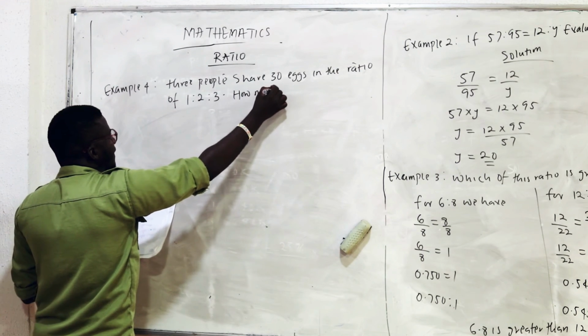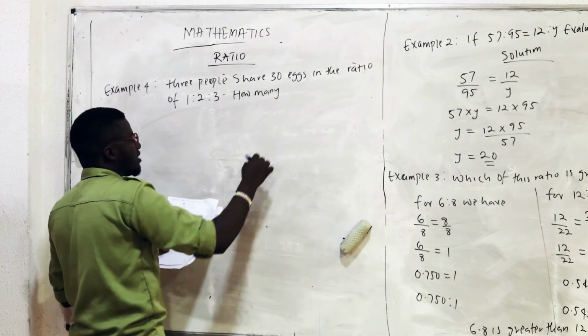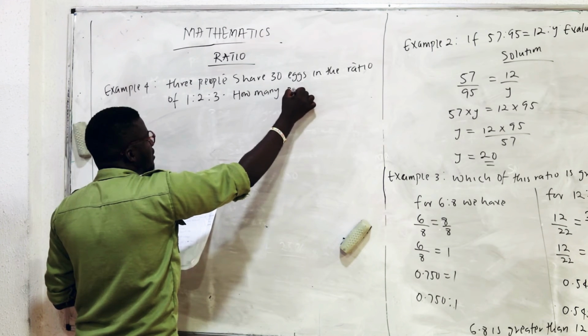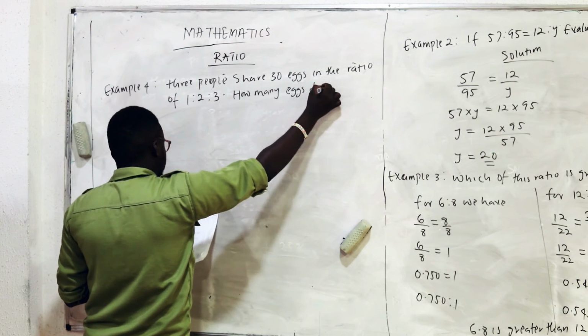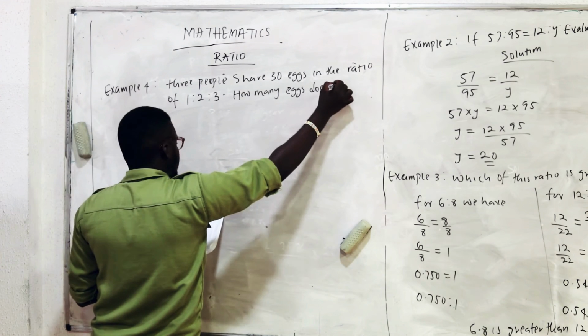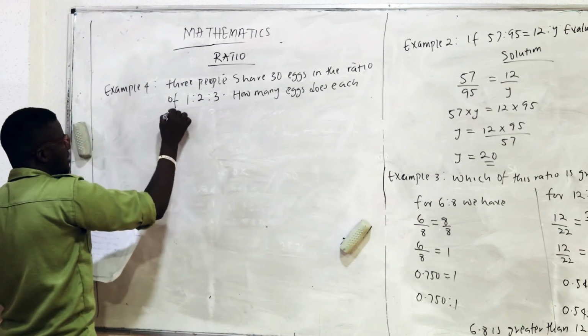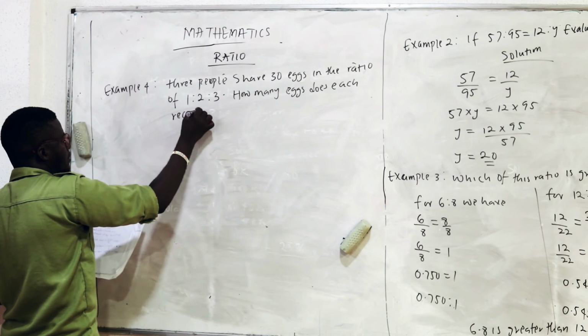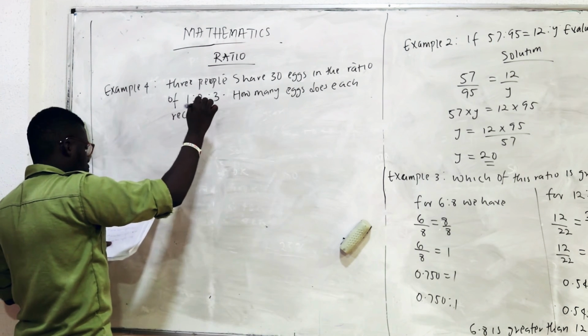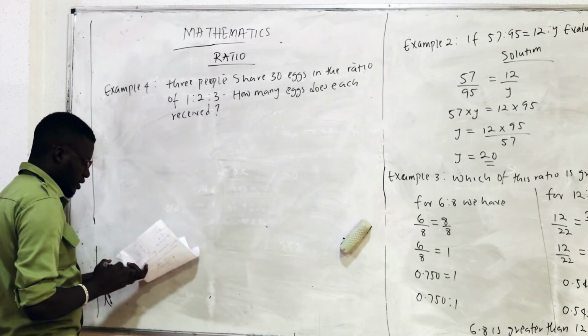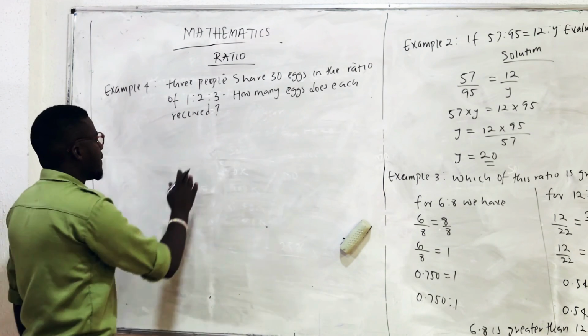How many eggs does each have? Or does each receive? So how many eggs does each receive?